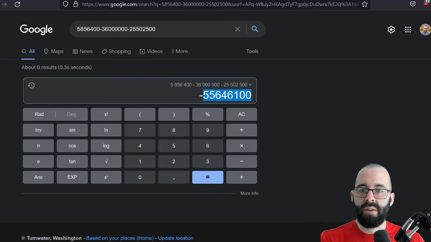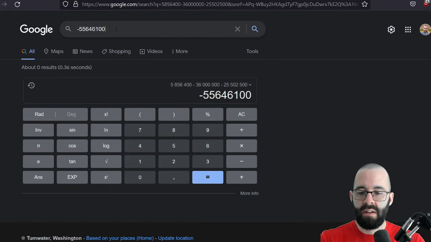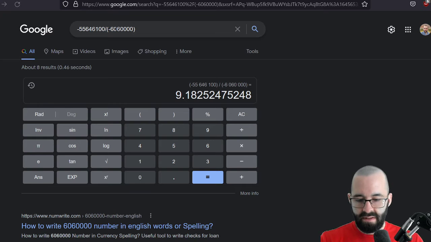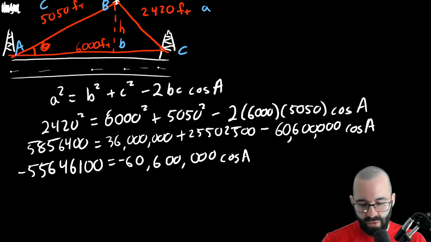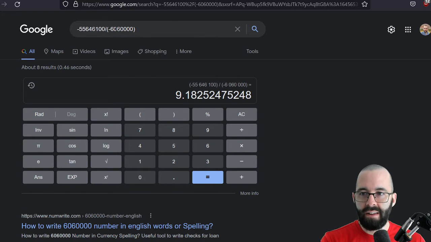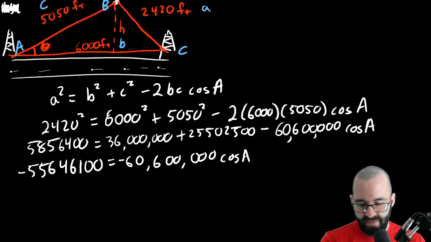So let's take this number that we just got and divide it by negative 60,600,000. Oh crap. Why is this a problem? I missed a zero somewhere.